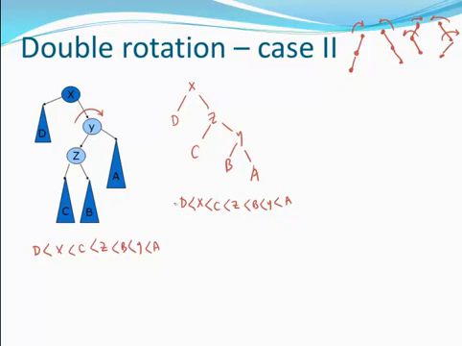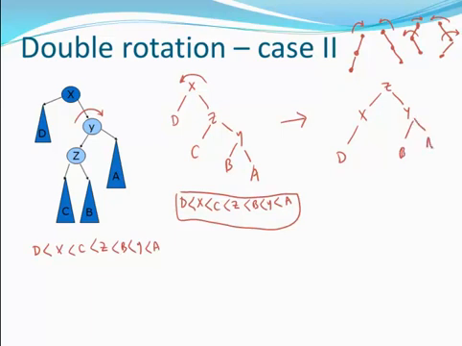So we do have the order invariant satisfied. Now we're going to do a left rotation around the root to get the following final tree. So the final tree would look like Z here and X and D, and then you will have Y and B and A, and the right child of X would become C.